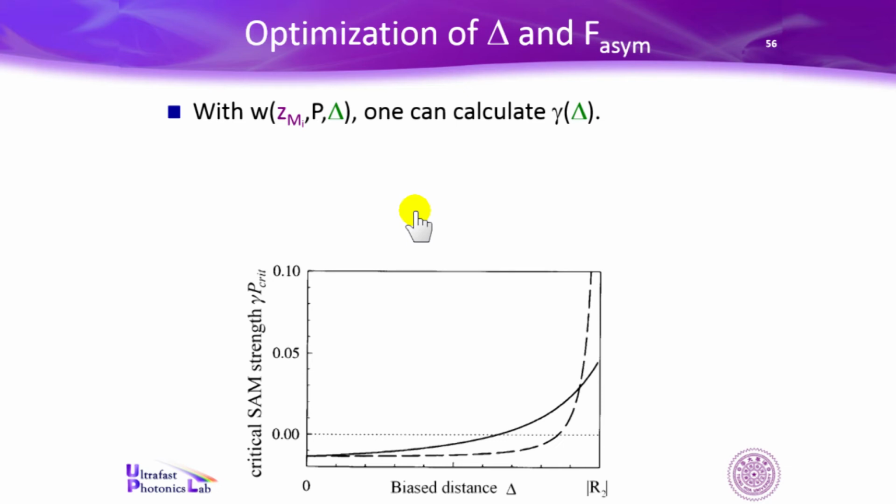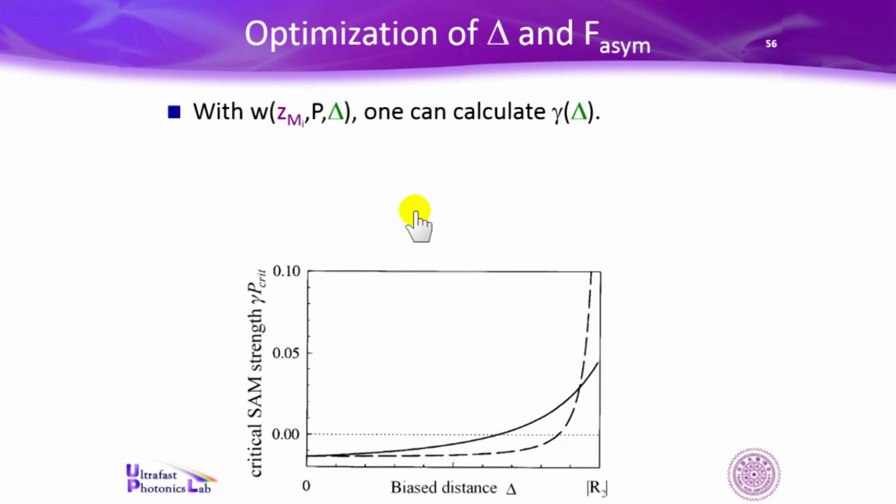Then, how to optimize the separation between the curved mirrors and the asymmetric cavity parameter. Okay. In the previous slide, we have concluded that the position of the iris or aperture has to be next to some planar mirror.